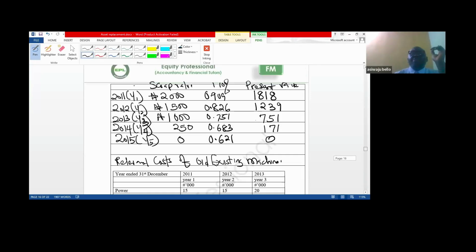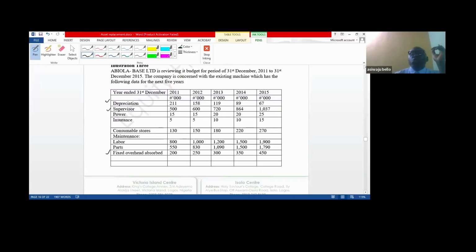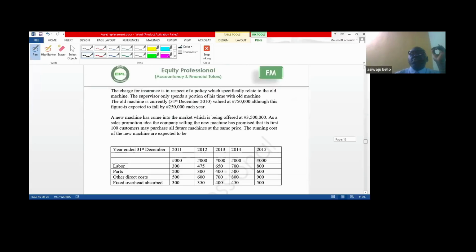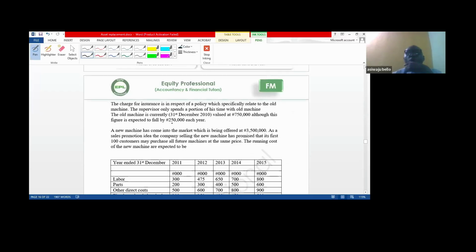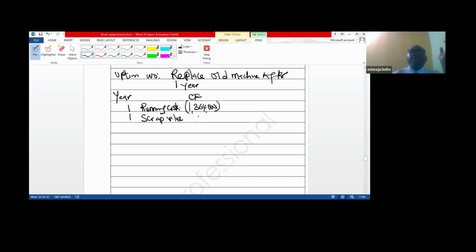Let's show it to ourselves, because if you don't show it, the examiner says the old machine is currently valued 750, although this figure is expected to fall by 250. That means after 1 year, 750 will fall by 250 and the value becomes 500. After 1 year, we can sell the old assets to get 500.